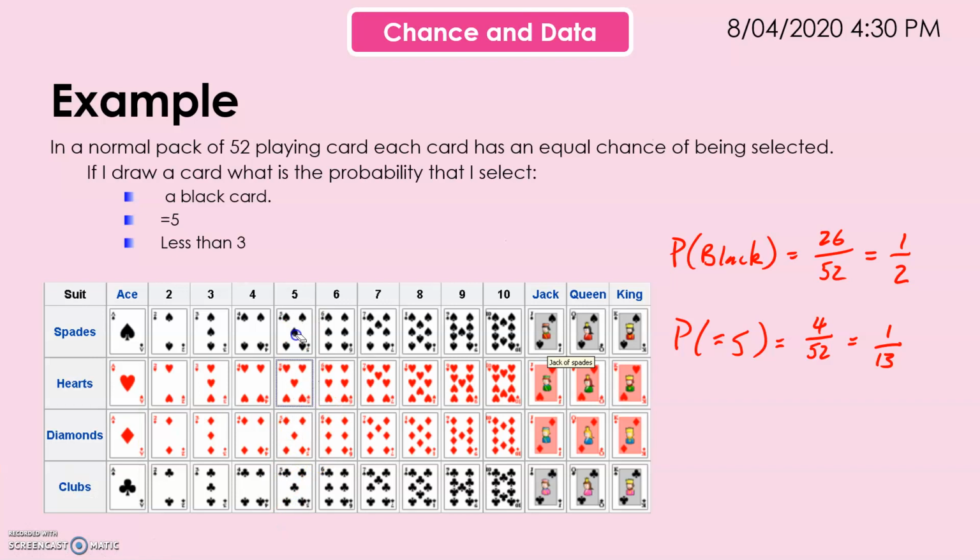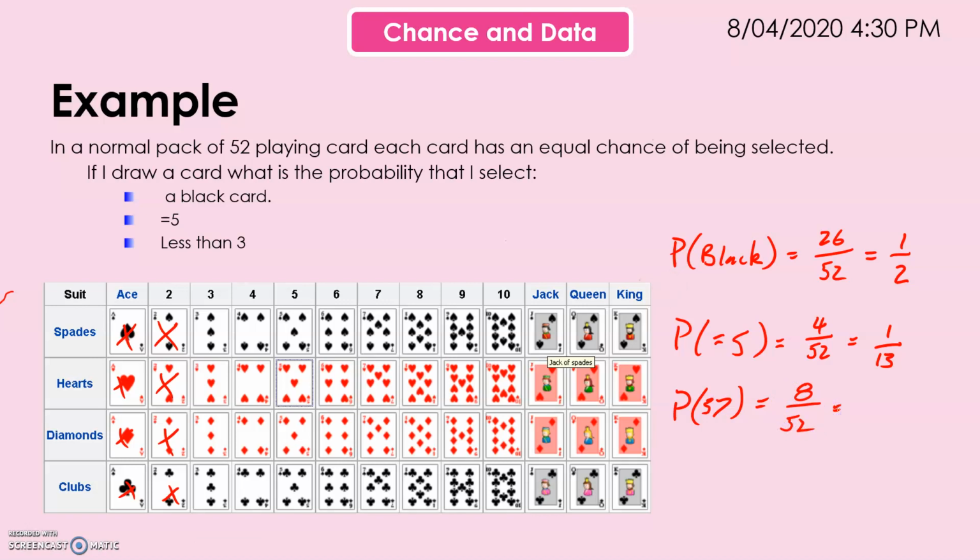And the last one, the probability that we end up with a card that is less than 3. You've got to be really careful of the language of this: if it's less than 3, we don't include 3. So it's 2 or ace. So the probability that it's less than 3 is 8 out of 52.